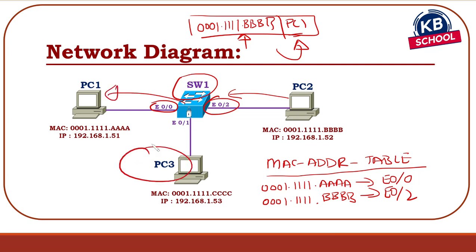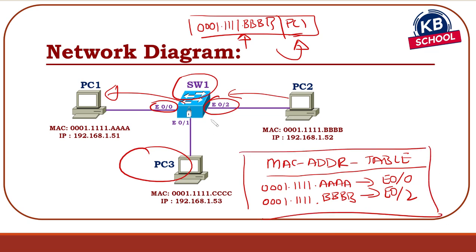So PC3 is not involved in this communication, does not receive the frame when PC2 wants to talk to PC1 because of the MAC address table that is built dynamically or automatically on what? On switch 1. Similarly, when PC3 initially sends a frame out, the switch would also learn that I have a MAC address 0001.1111.CCCC, which is connected to E01, puts it in the MAC address table.